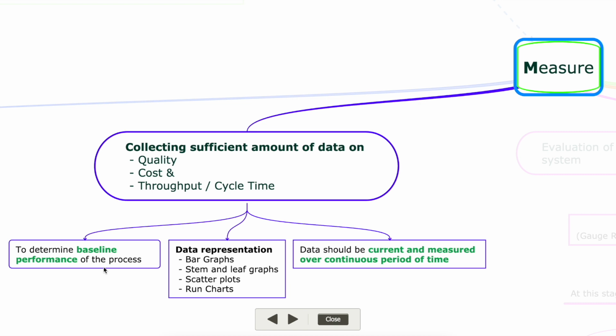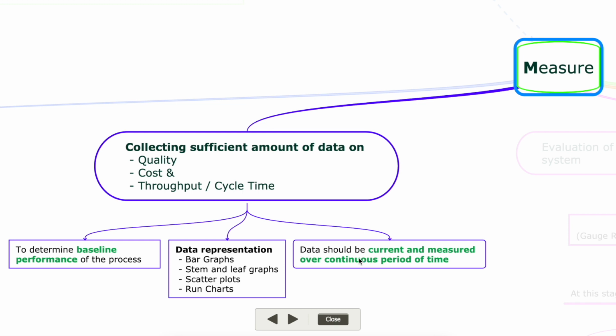So the baseline performance, or the basic performance, can be determined with the help of the data we collect. After collecting the data, we will know the level of current performance of the system. Once we have that data, we can represent it with the help of bar graphs, leaf graphs, scatter plots and run charts.